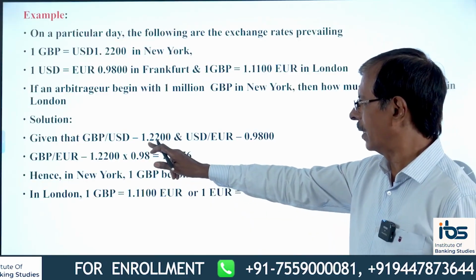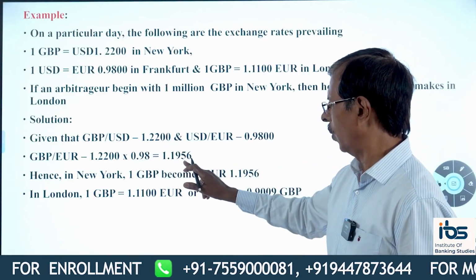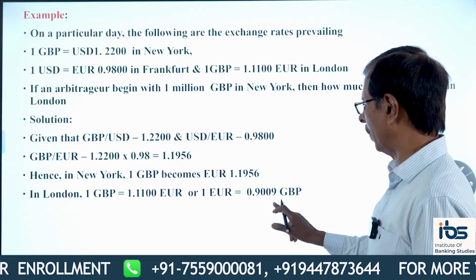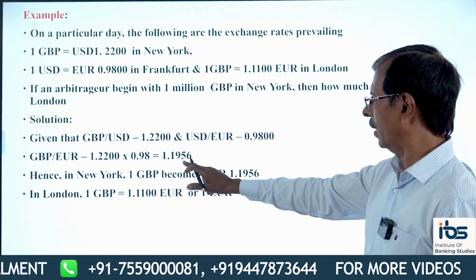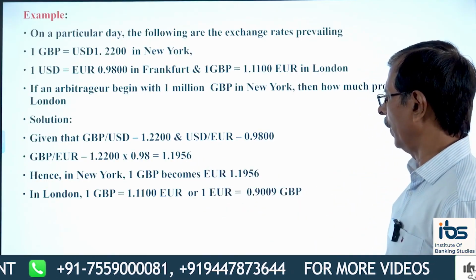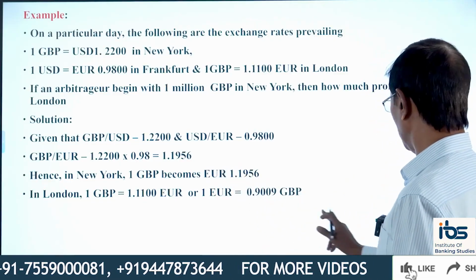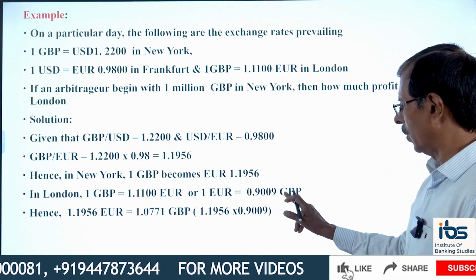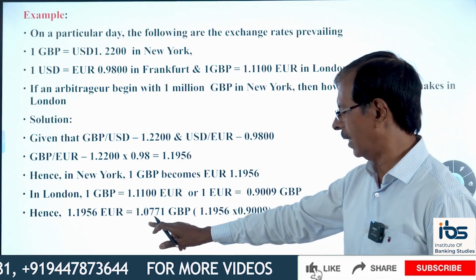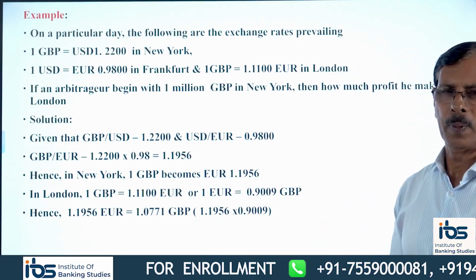So he started with the GBP, he got euro. Now this euro is converted back to GBP. Therefore, how many GBP will he get for one GBP? He will get 1.1956 into 0.9009. That means he is getting 1.0771 GBP.